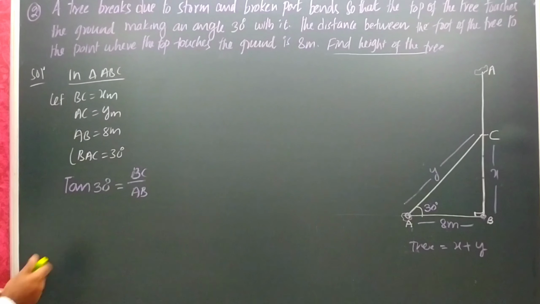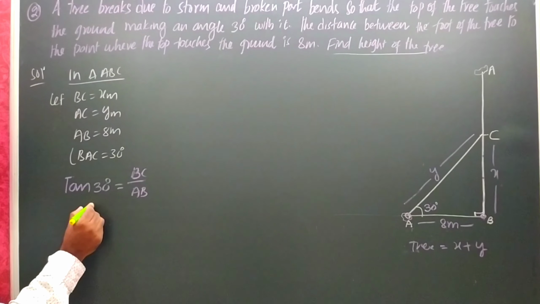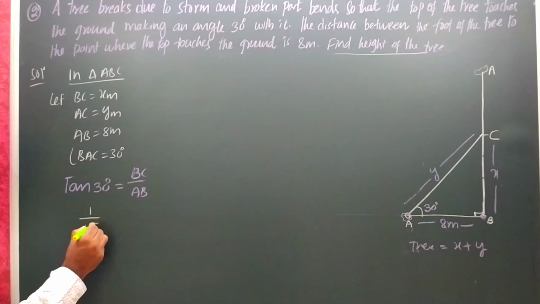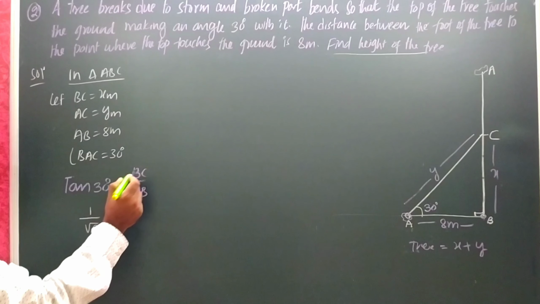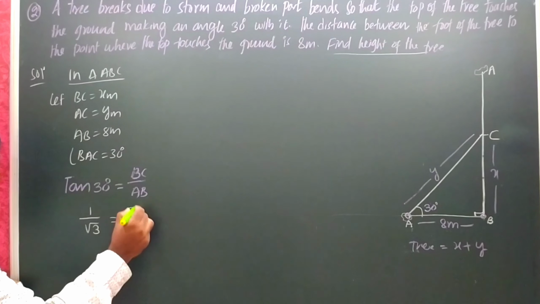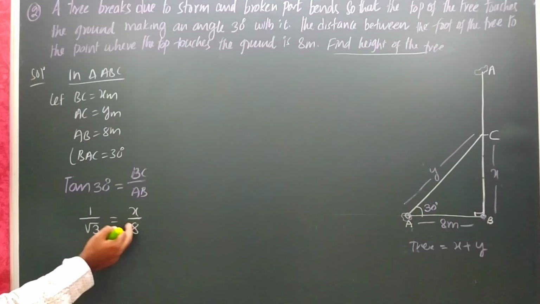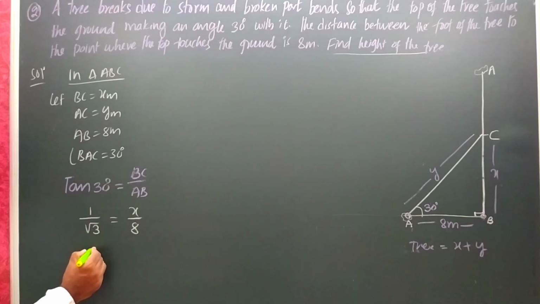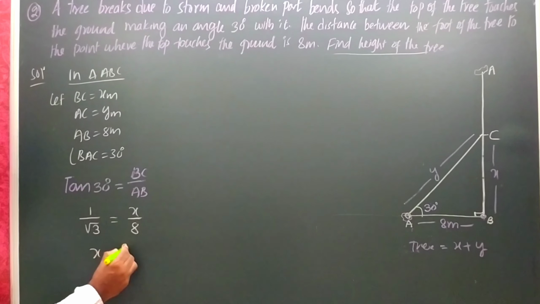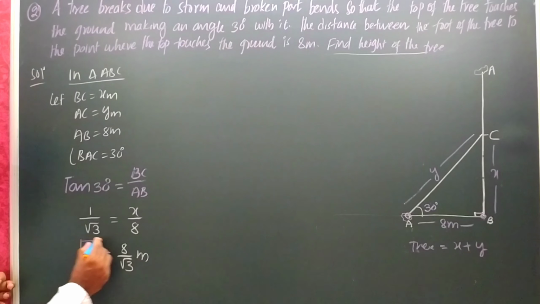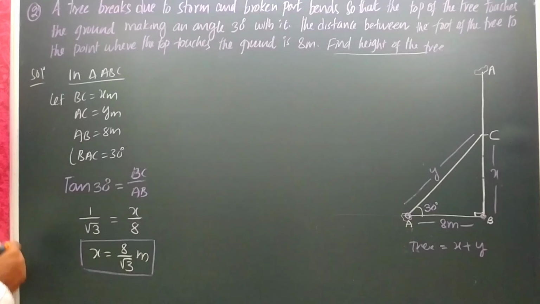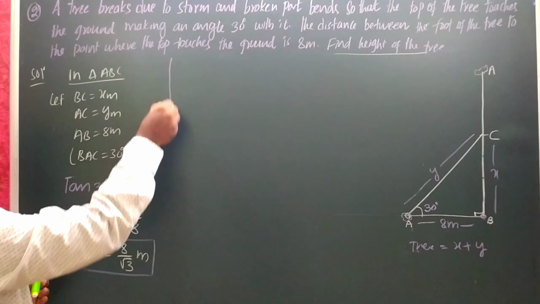Tan 30 is equal to 1 by root 3. Length of BC is x, length of AB is 8. Cross multiplication, x equals 8 by root 3 meters. So the length of x equals 8 by root 3 meters.